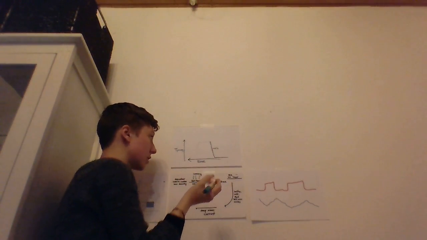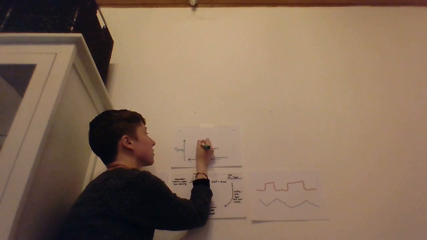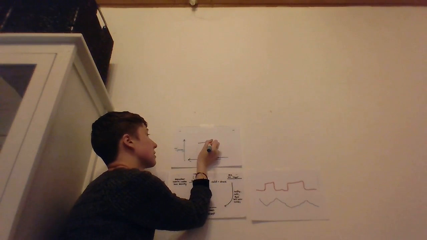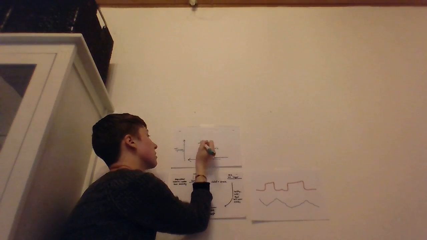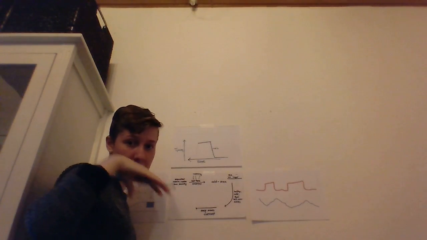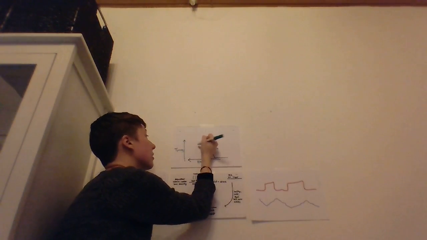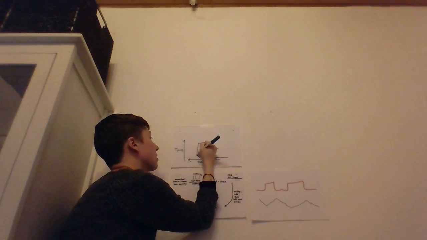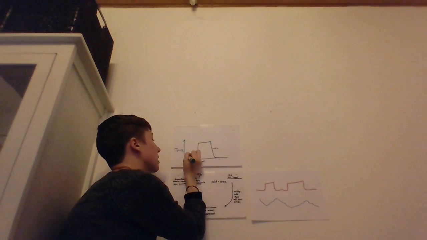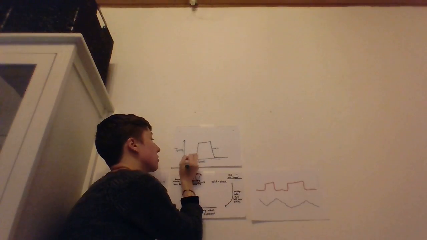Then, following this very rapid warming, there's a period of gradual cooling that looks something like this. And so that occurs slowly, but then it's followed by a period of rapid cooling. And then there's another plateau in the cold.